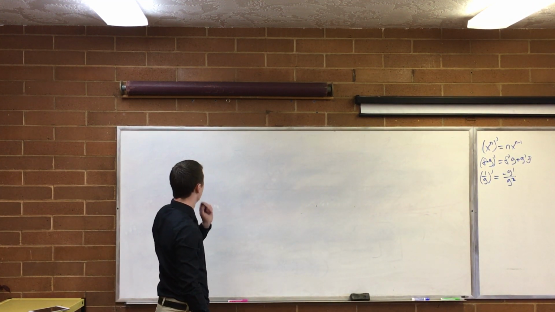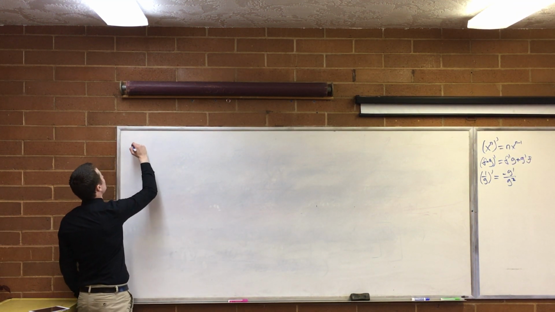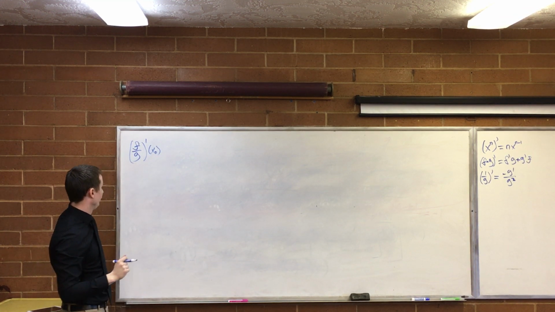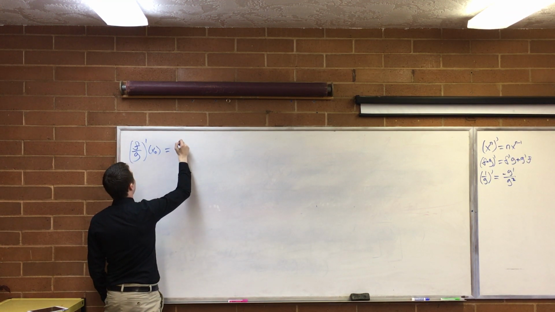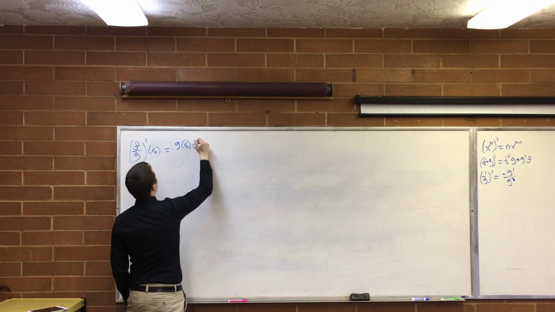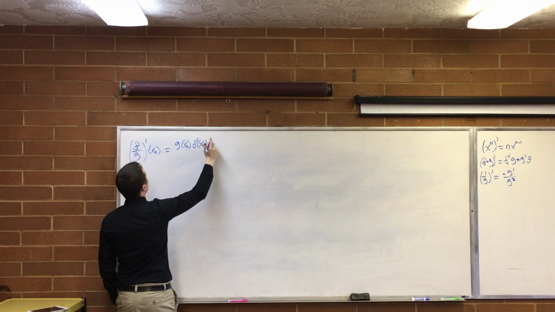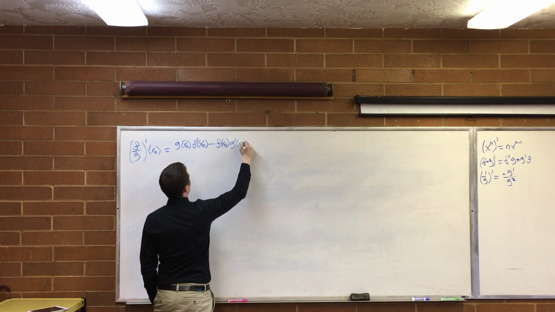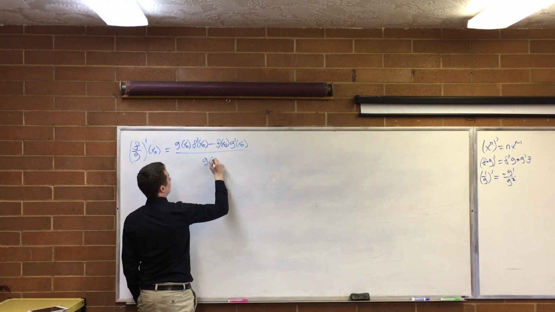So now, let's do the quotient rule. So the quotient rule is, I'm trying to find the derivative of f over g at some point, and that's going to be equal to g of x naught f prime of x naught minus f of x naught g prime of x naught, all over g of x naught squared.